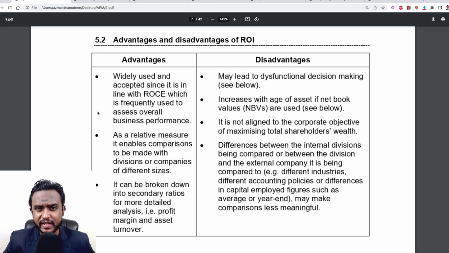But depending on the nature of the business, the times of the business, the life cycle of the products, there are so many other factors, especially non-financial, that can affect this ratio in a way that makes the comparison irrelevant.